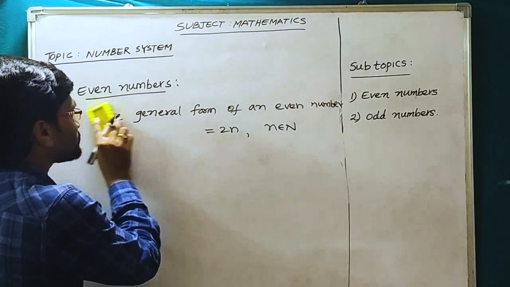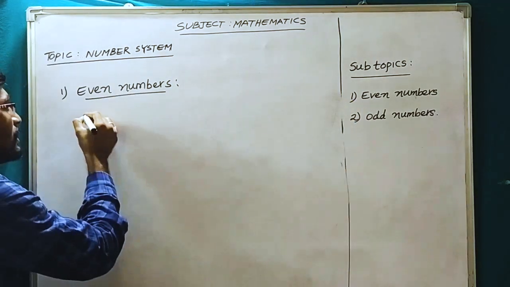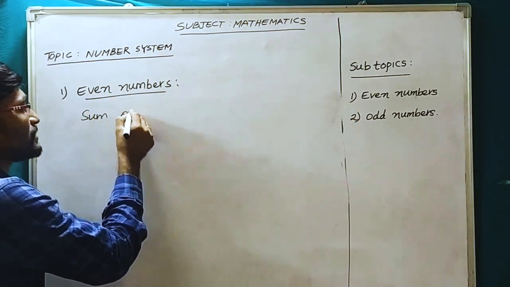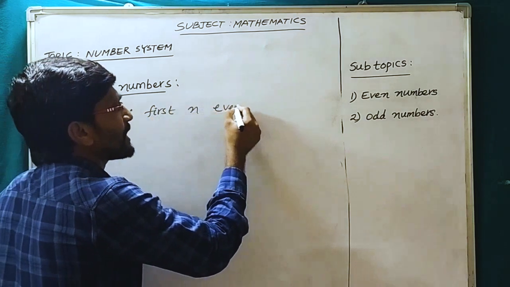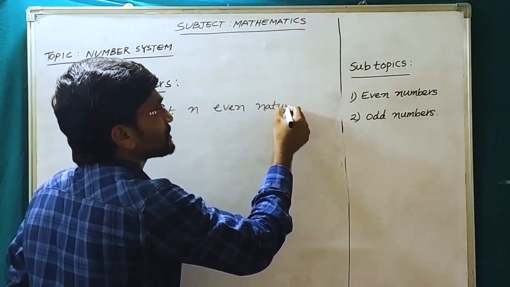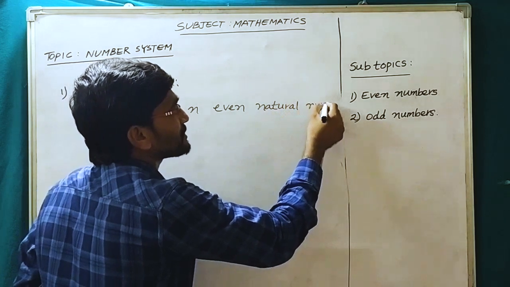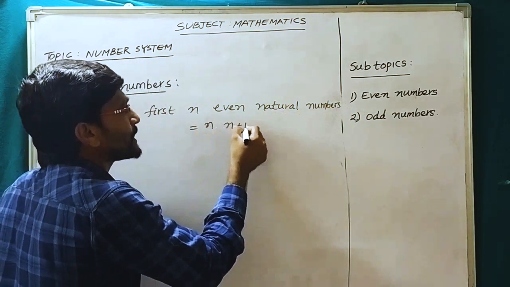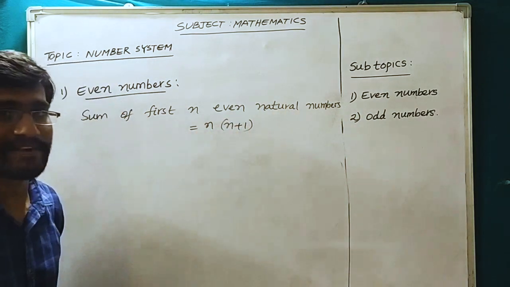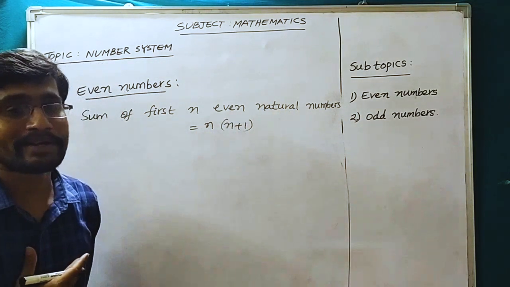And the next one is the sum of the first n even natural numbers. The sum of the first n even natural numbers is equal to n into n plus 1.